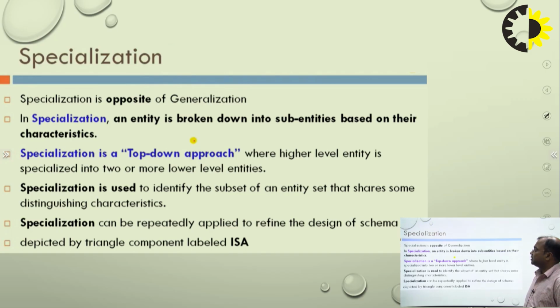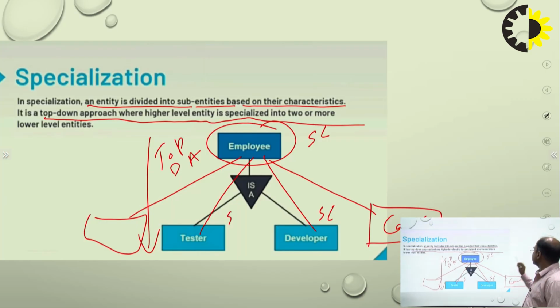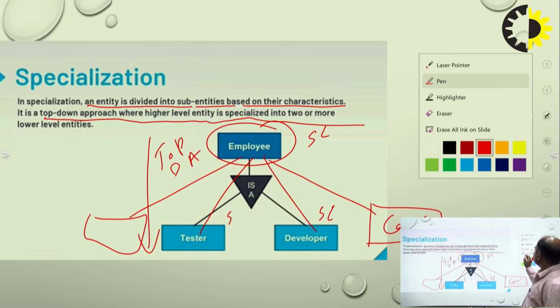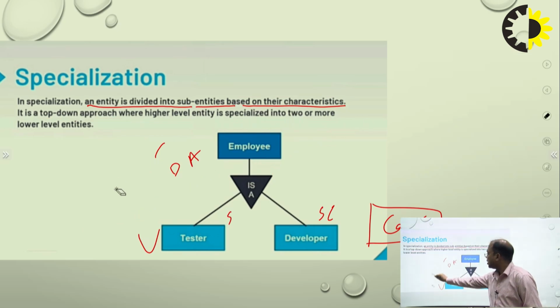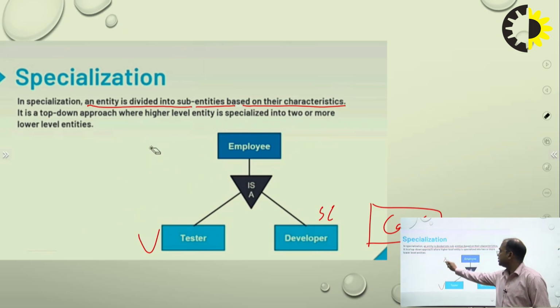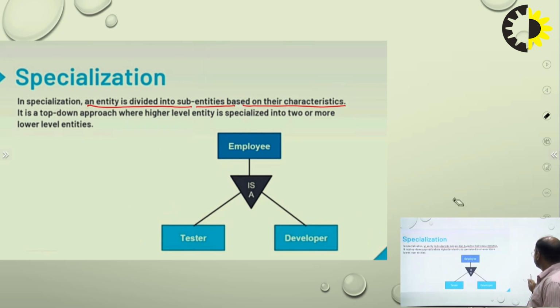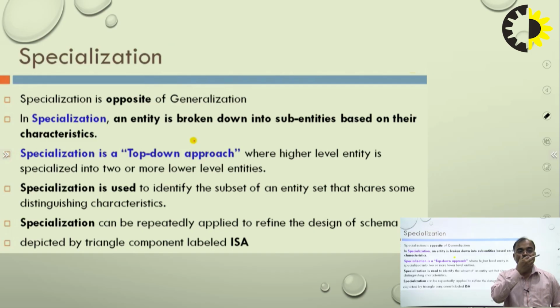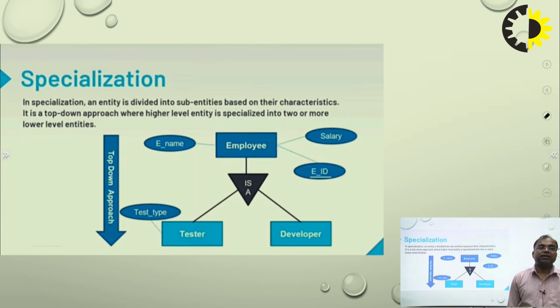Here we can see, between employee and special employee, this is an "is a" relationship. Generalization is an "is a" relationship, and specialization is also an "is a" relationship.